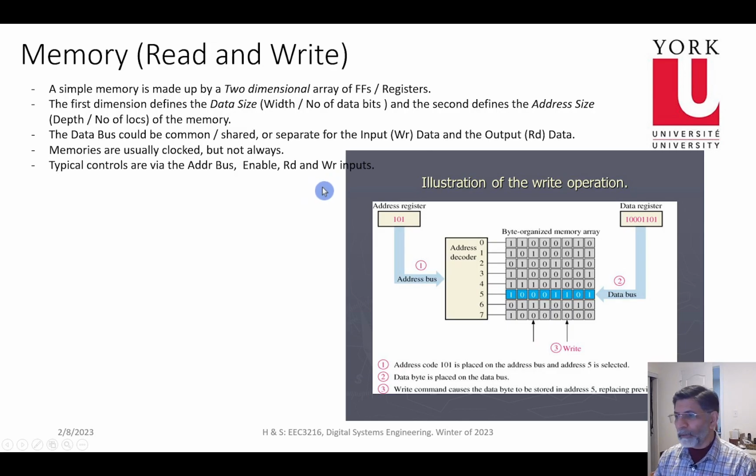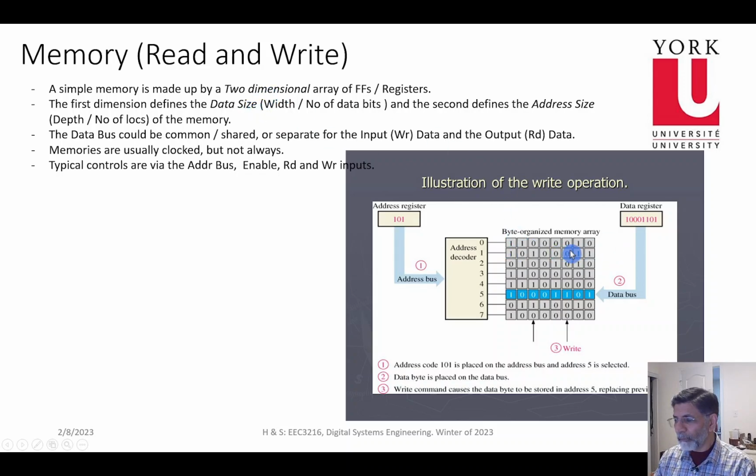This is a block diagram of a simple memory. You have an address decoder. If the address is only 3 bits, for example, we can have 2 raised to the power 3, which means 8 memory locations, 0 to 7, and the data size is 8.